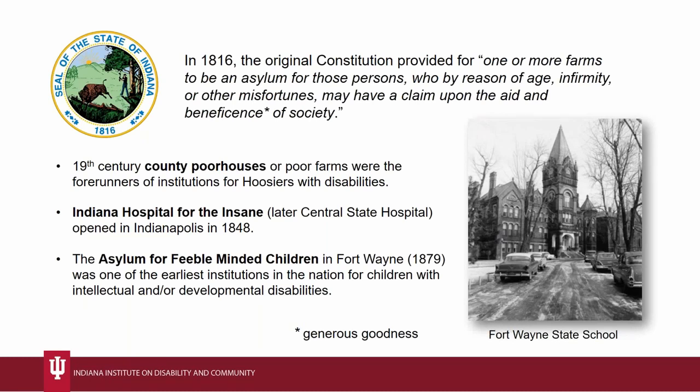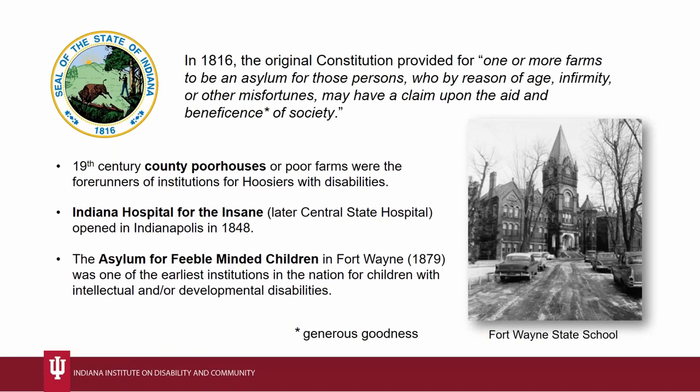In 1816, the original Constitution provided for 1 or more farms to be an asylum for those persons who, by reason of age, infirmity, or other misfortunes, may have a claim upon the aid and beneficence of society. So the forerunners of institutions for Hoosiers with disabilities in the 19th century became county poorhouses or poor farms.